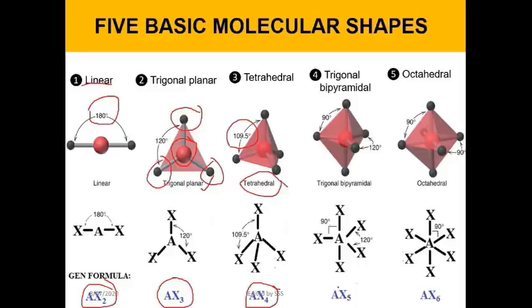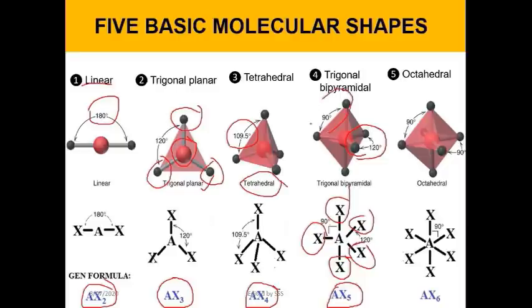For AX5, that means the presence of 5 terminal atoms will produce 2 bond angles. Here we call it the equatorial position with bond angle 120.